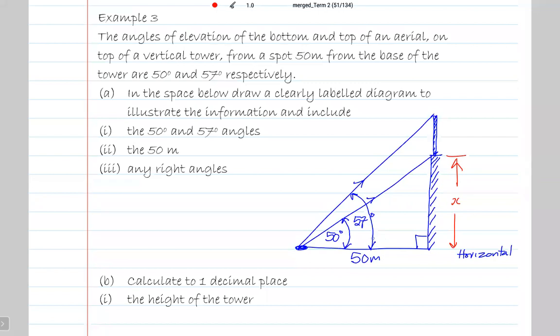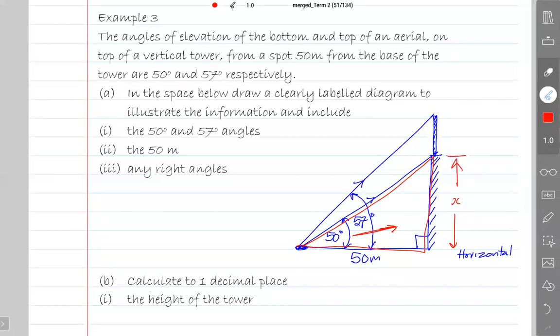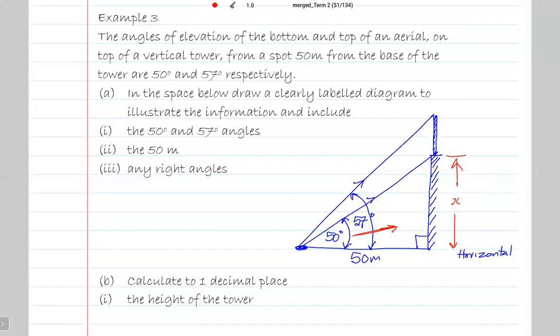Now, that side X is opposite the 50 degrees, because the angle associated with X is the 50 degrees. So X is opposite to the 50 degrees, and the 50 is adjacent.